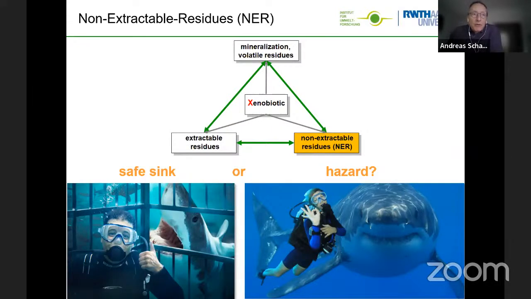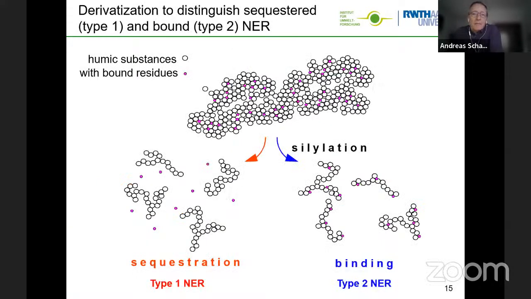So you can only quantify, but not identify what these residues mean. And one method to investigate is silylation.